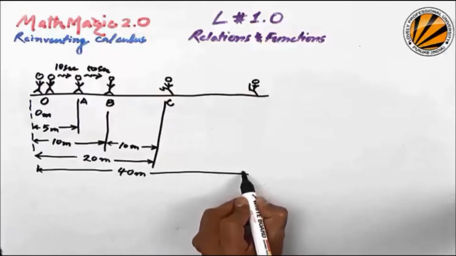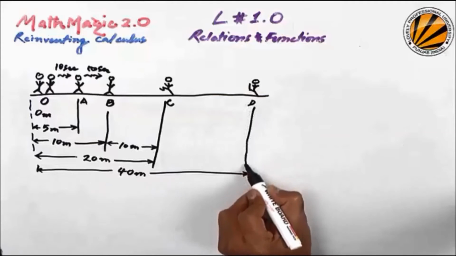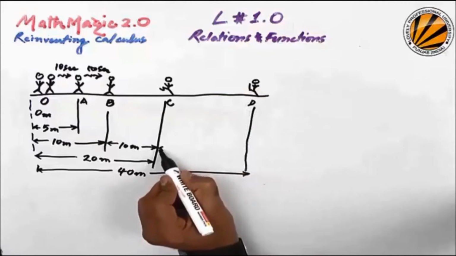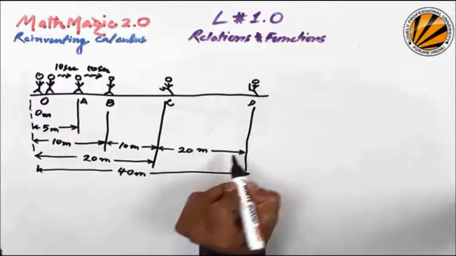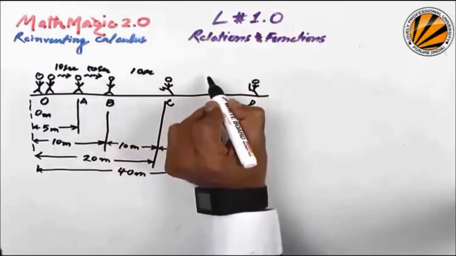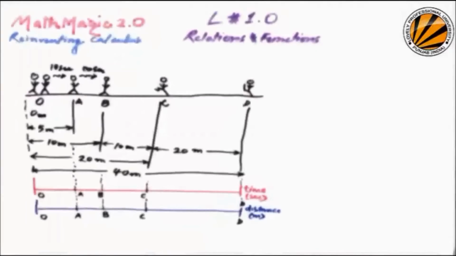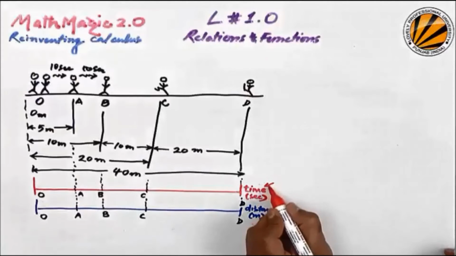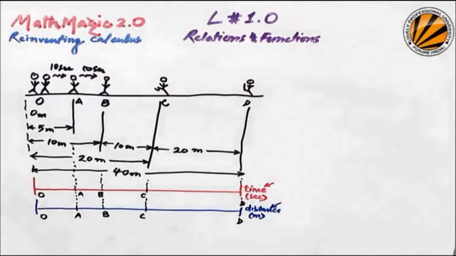Now look at a combination, where I take time in terms of seconds and the distance in terms of meters, and plot these things. At 0 seconds, the distance from you was 0 meters. After 10 seconds, at point A, the distance became 5 meters.